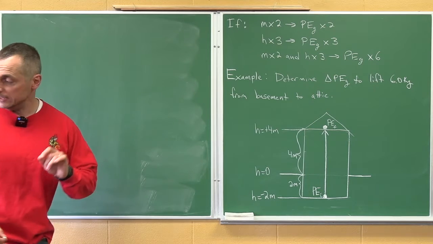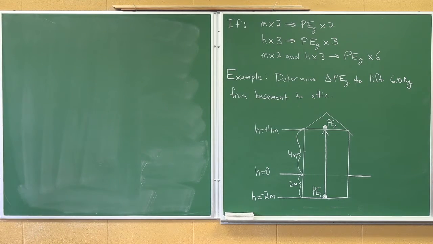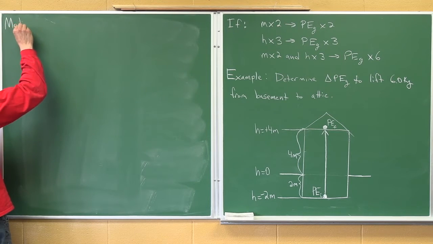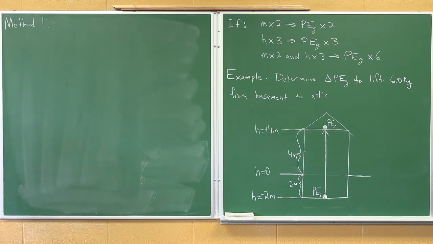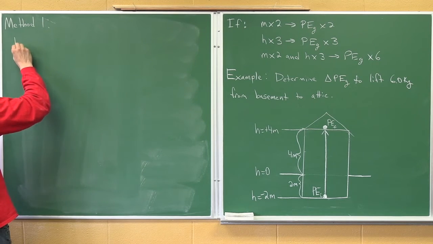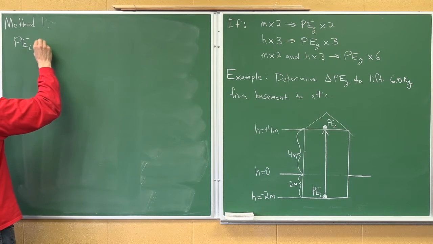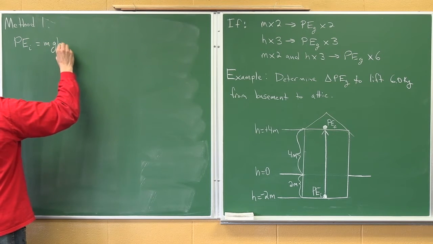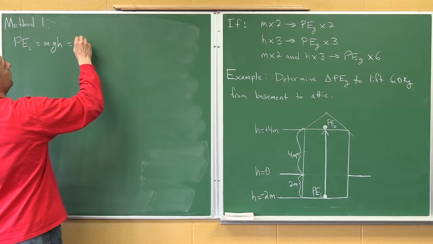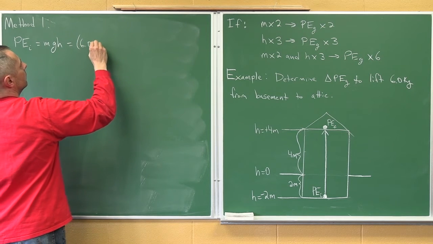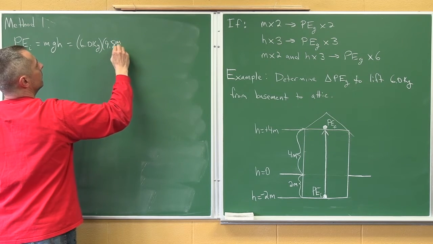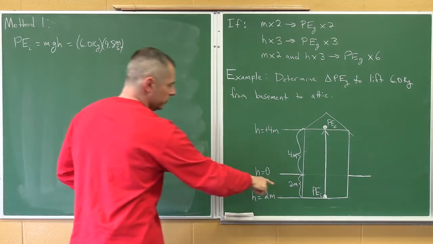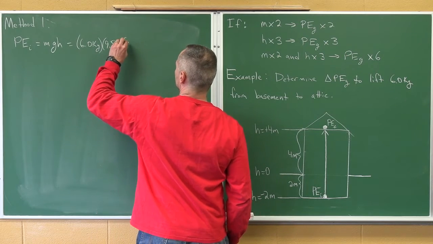Let's calculate the initial potential energy and the final potential energy. So this is what I'm going to call method 1. So the first thing, the PE initial. mgh is the formula. So I've got 6 kilograms, 9.8 is G, and the height was negative 2 meters underground.